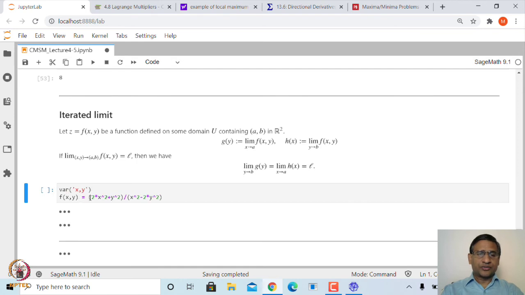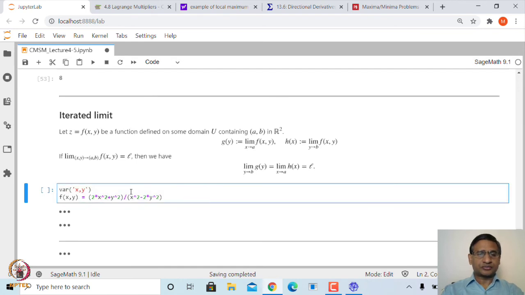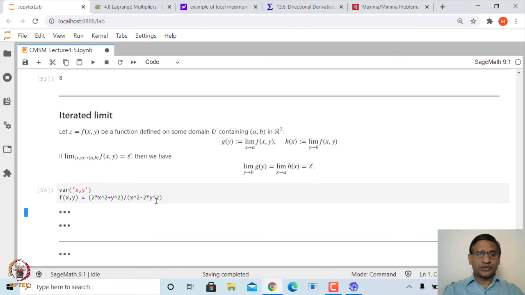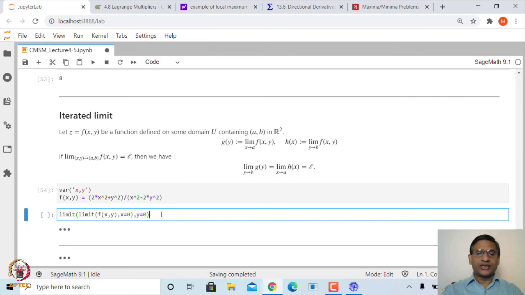So for example, if you look at the function which we looked at earlier, f(x, y) equal to (2x square plus y square) upon (x square minus 2y square), and try to find the iterated limit at x equal to 0, y equal to 0, that is the origin.